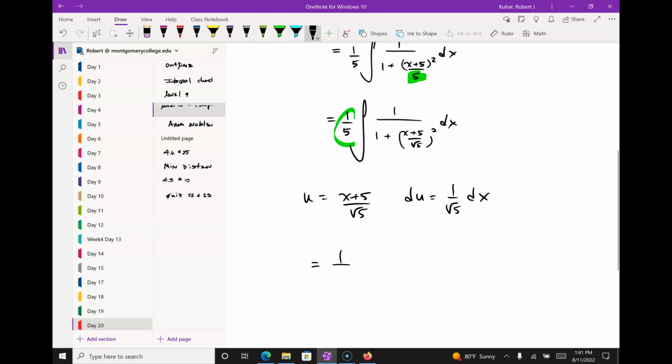Right? 1 over 5 is 1 over rad 5 times 1 over rad 5. So I have my 1 over rad 5 dx, right? So the stuff here in green is du, right?